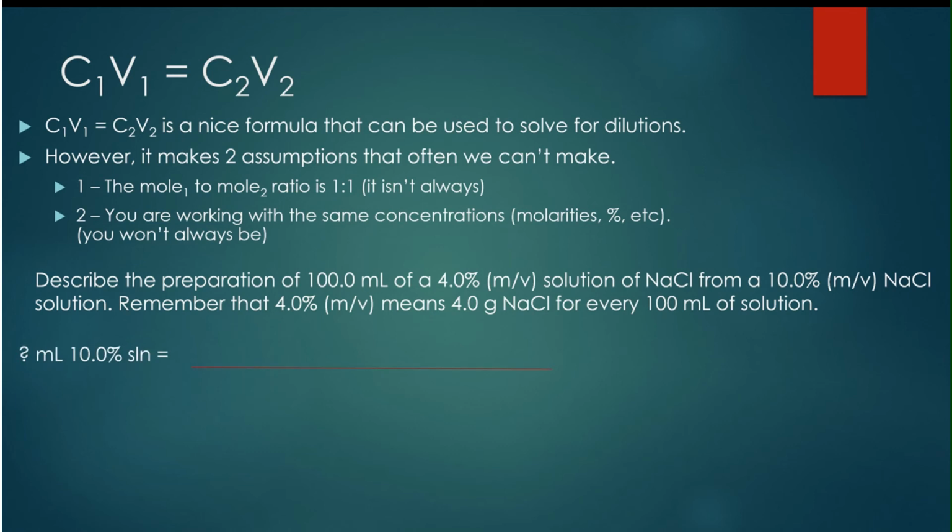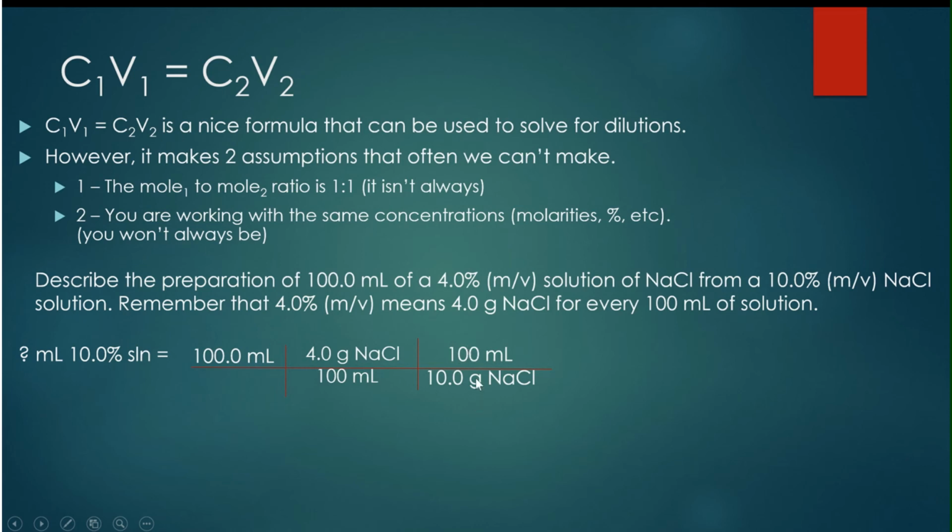So how much of our 10% solution do we want? We want 100 total milliliters. We know that our dilution should be 4%, so here is 4 grams per 100 milliliters of solution. That's a 4% solution right there.